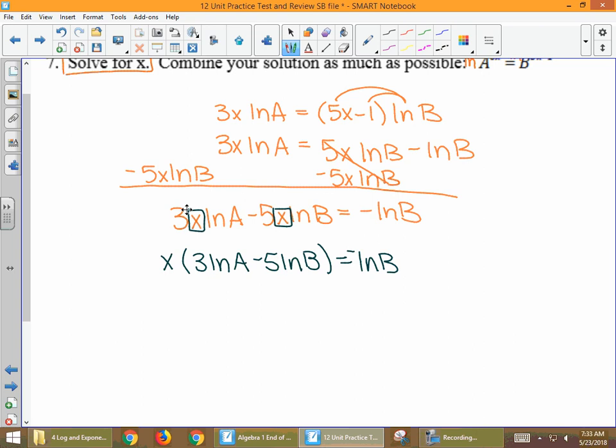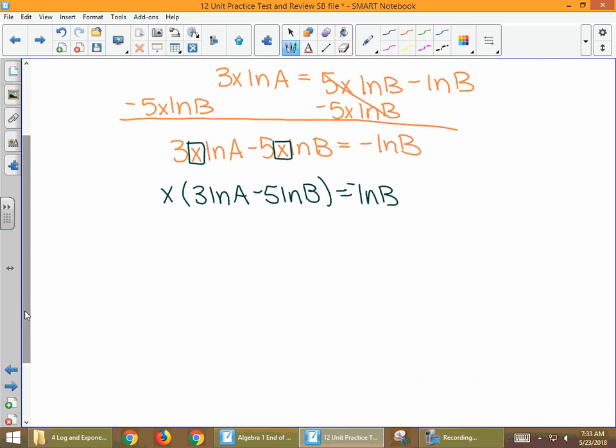So now that x is factored out, it's very easy to see how to get x all by itself, how to solve for x. It's tricky if you don't, that step is kind of the key here. So I'll even write that factor. So we're GCFing the x.